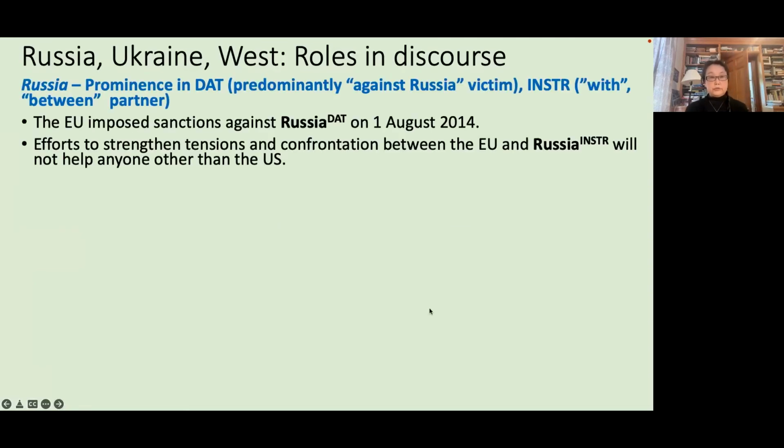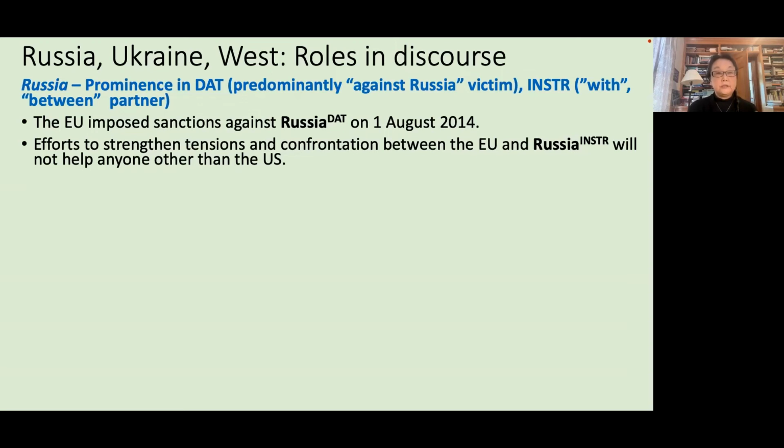What you see in Sputnik is the word Russia being very prominent in the dative case, predominantly used against Russia, or as a victim. We can't ignore that the word Russia occurs in the instrumental case with the prepositions "with" or "between" as a negotiation partner.